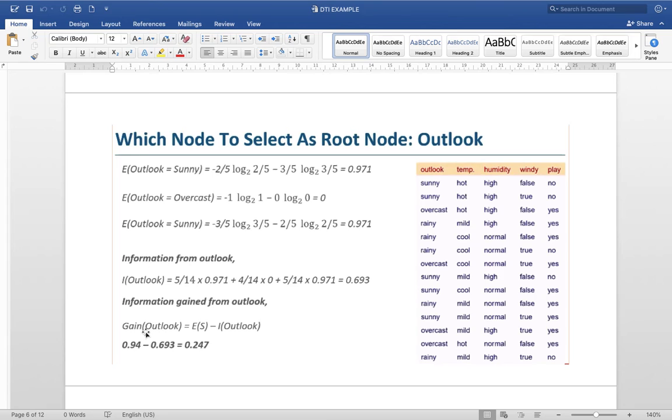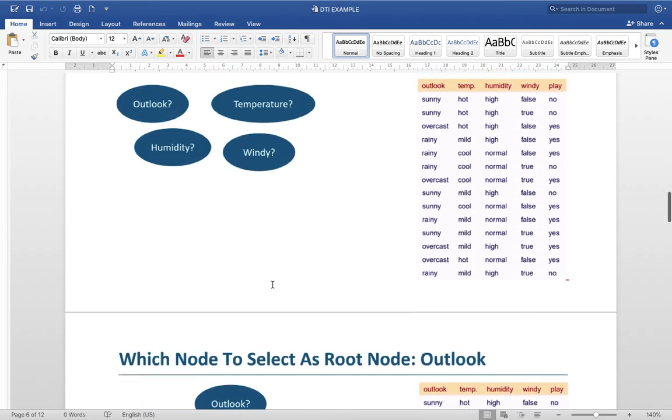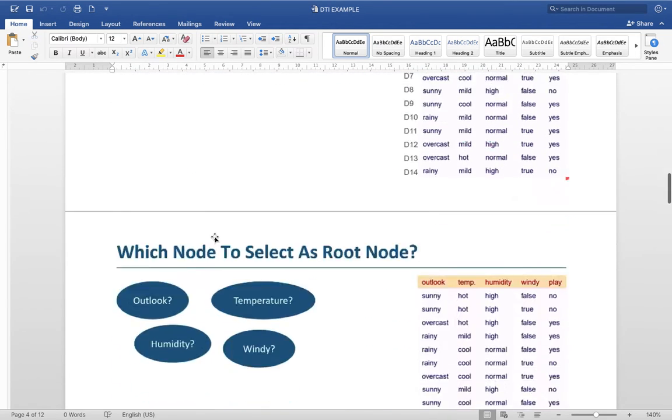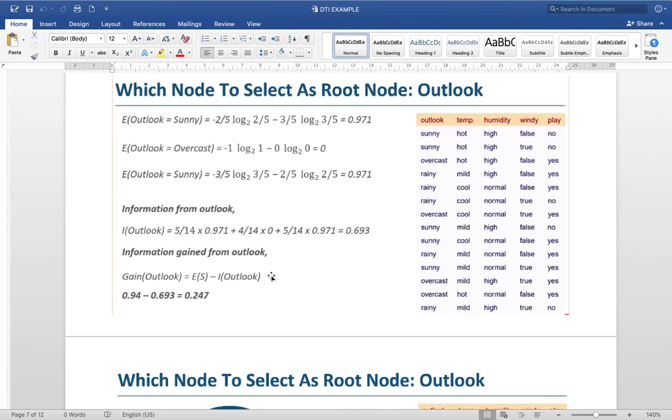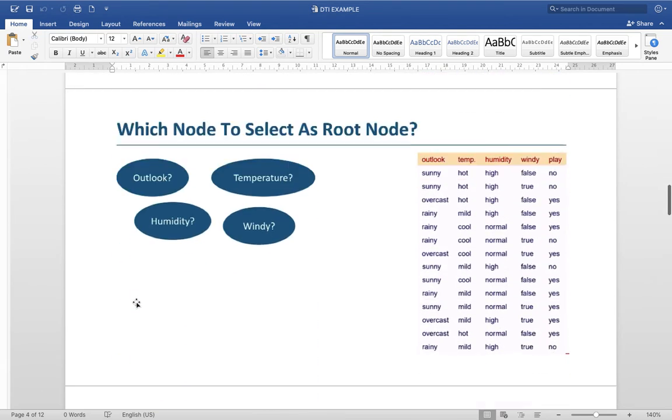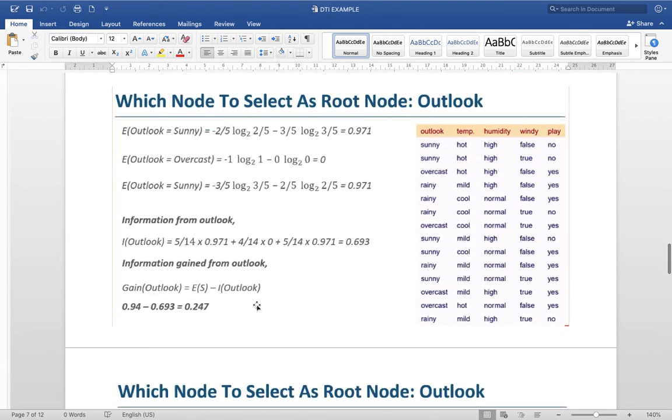So what is the gain? What is the total gain? This is the information from the outlook.